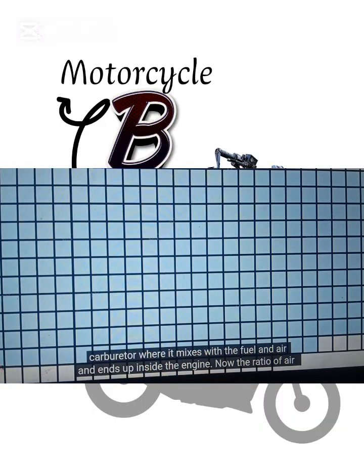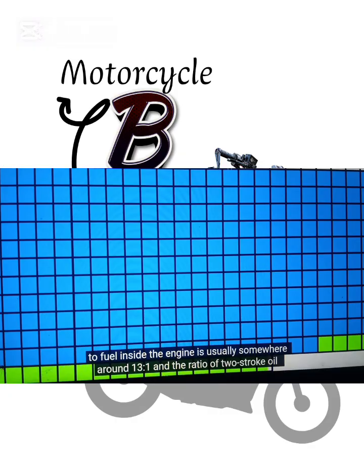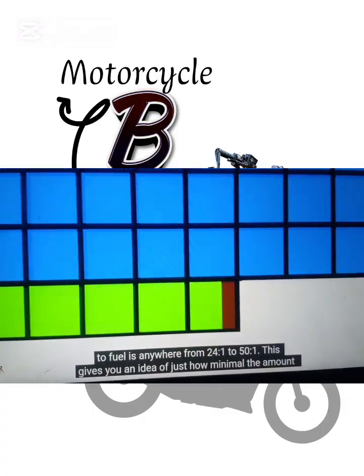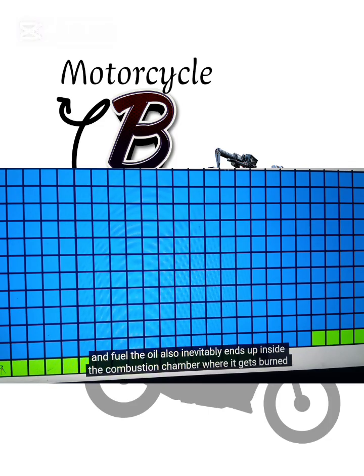Now, the ratio of air to fuel inside the engine is usually somewhere around 13:1, and the ratio of two-stroke oil to fuel is anywhere from 24:1 to 50:1. This gives you an idea of just how minimal the amount of lubricating oil is inside the engine at any one time. Because it's mixed together with the air and fuel, the oil also inevitably ends up inside the combustion chamber where it gets burned.